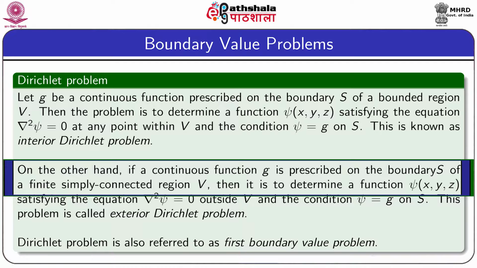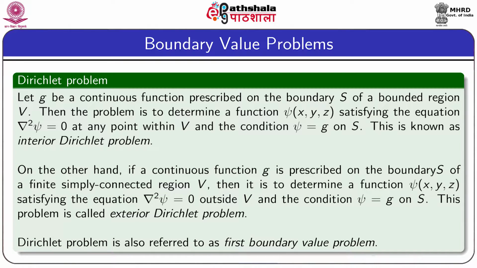In the exterior Dirichlet problem, the function psi will satisfy grad square psi equals 0 outside the region V, where capital V is a finite simply connected region, and on the boundary of V, that is on S, the condition psi equals g holds. In this case we call the problem the exterior Dirichlet problem, and the Dirichlet problem is referred to as the first boundary value problem.